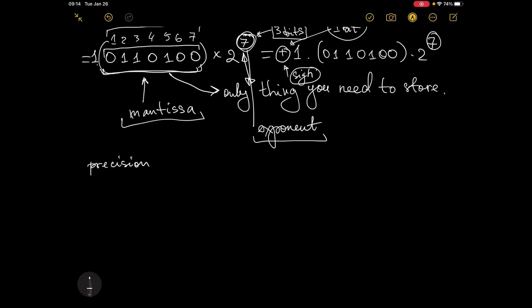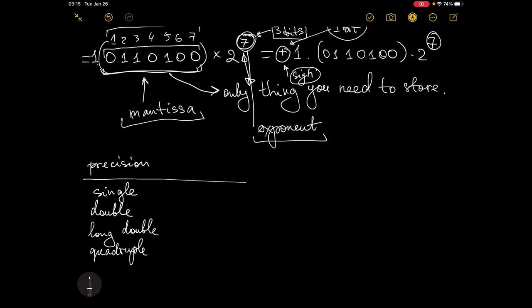So we have single precision, double, long double, and quadruple precision. Only relatively recently I had to work with quadruple precision in my research.